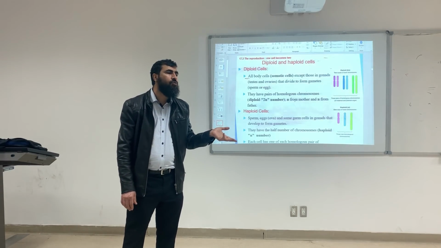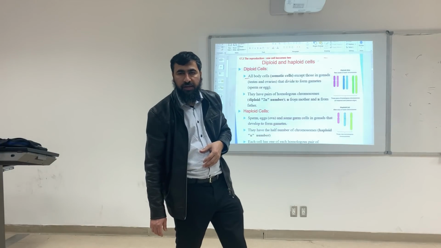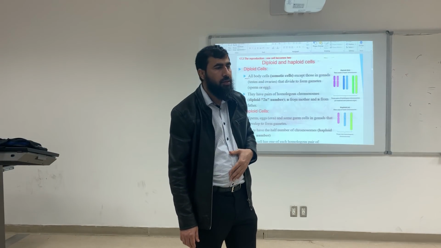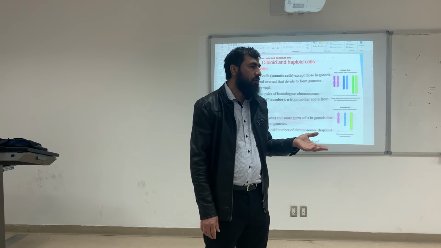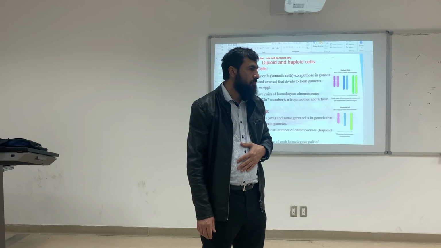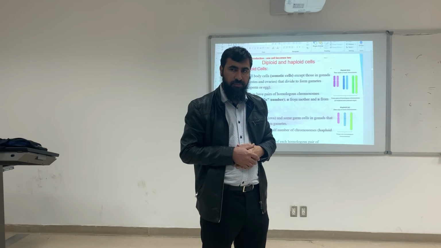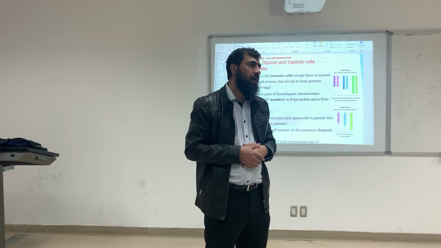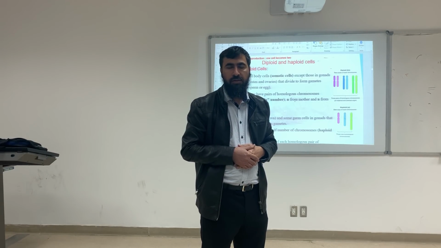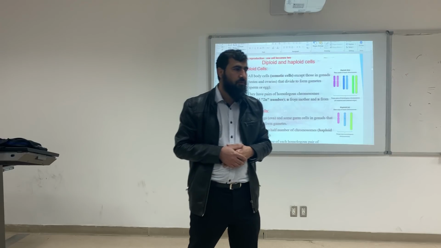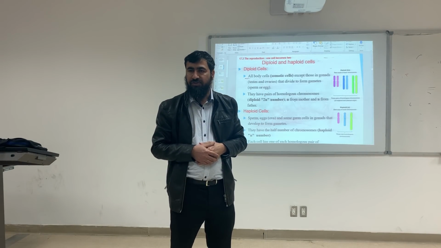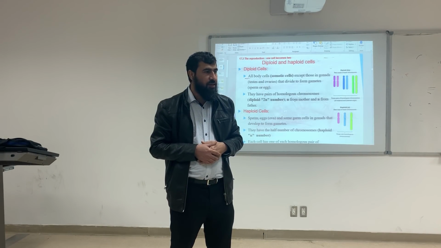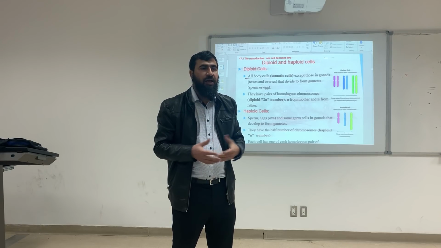So if a cell started with 40 homologous pairs of chromosomes, okay? 40 homologous pairs, okay? After meiosis, how many chromosomes in each cell? 40, correct? 40 single, not pairs. 20 pairs.